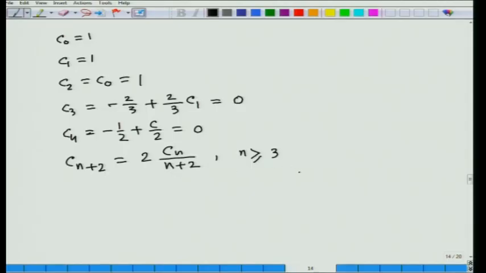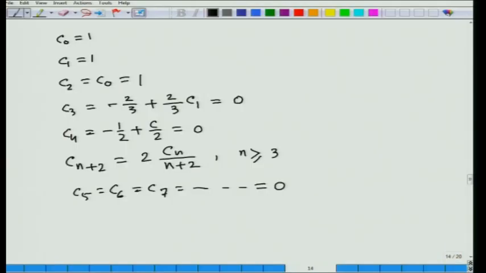So, clearly from C 3 equal to 0 and C 4 equal to 0 you can find C 5, C 6, C 7 and onwards, all these coefficients are identically equal to 0. Already we have C 3, C 4 equal to 0.